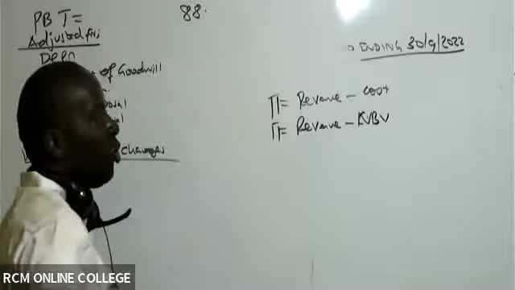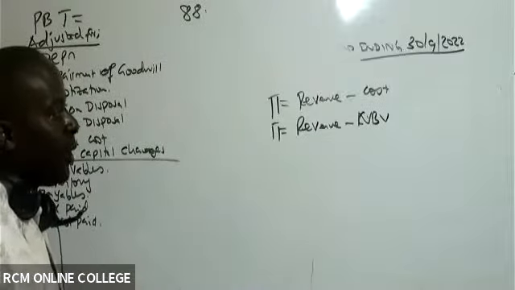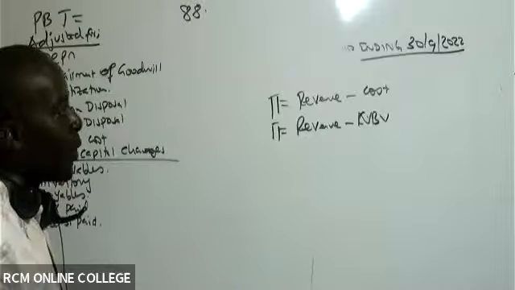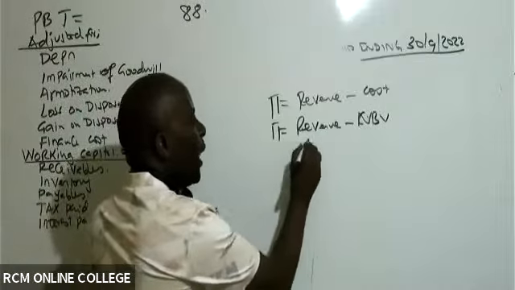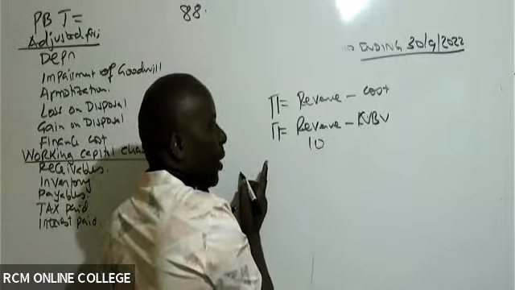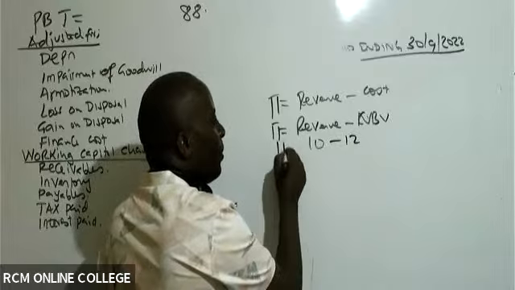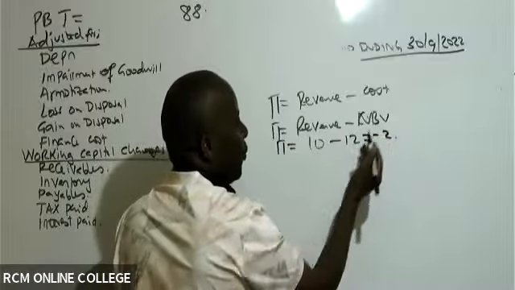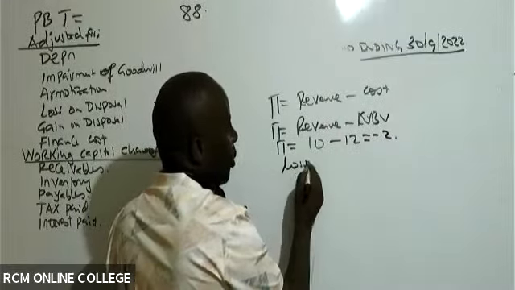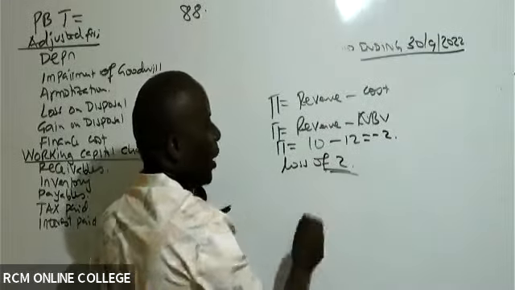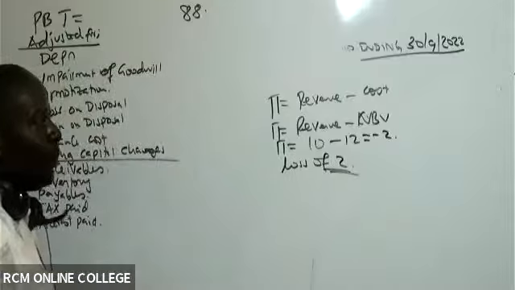The net book value is our cost, which has been depreciated. So these machines, we did sell them for 10. Remember, our figures are in millions. When they were worth 12. So this gives me a profit of -2, which basically is a loss of 2.